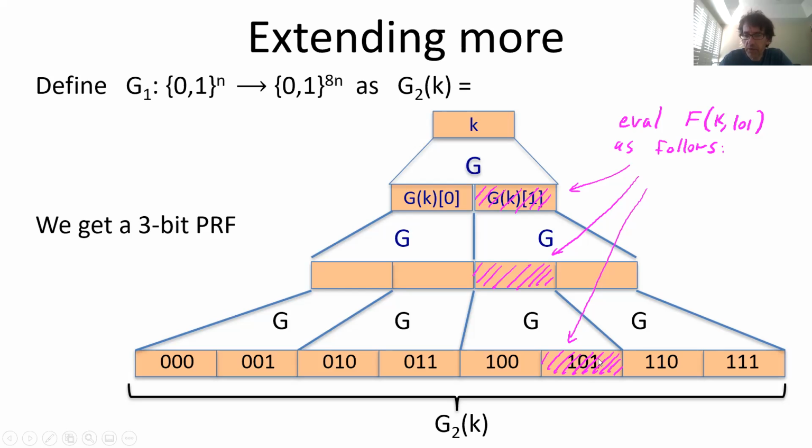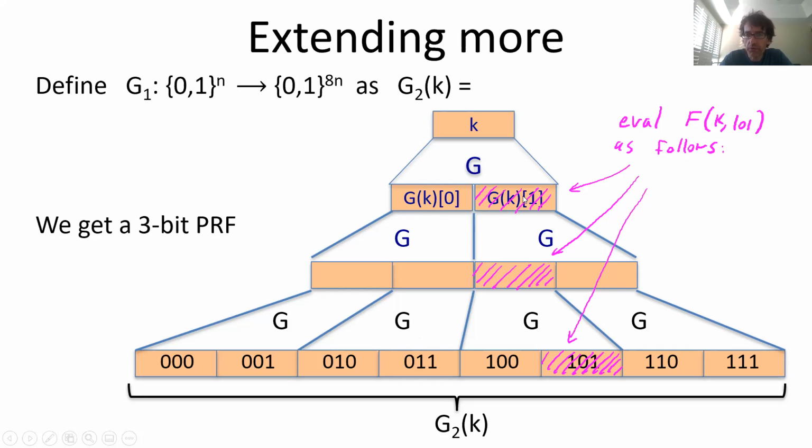And this block can be computed with only 3 operations of G. This one to compute this register, one more to compute this one, and then this operation to compute this one. All the other parts of this tree do not have to be computed. So it doesn't matter that there's tons of stuff to the left and to the right in this binary tree.